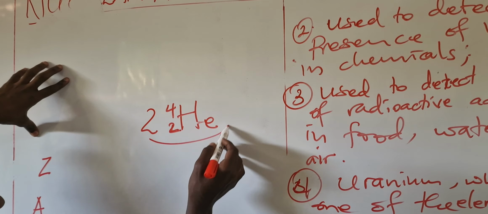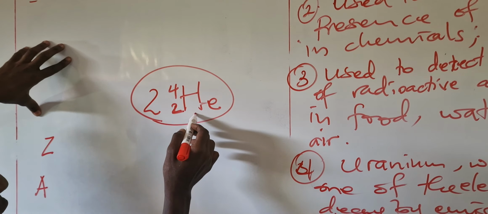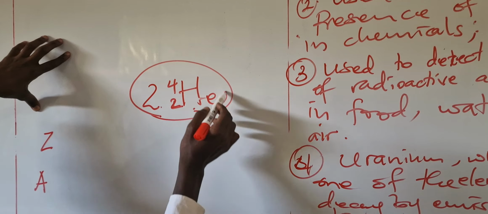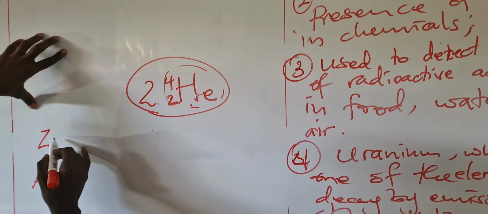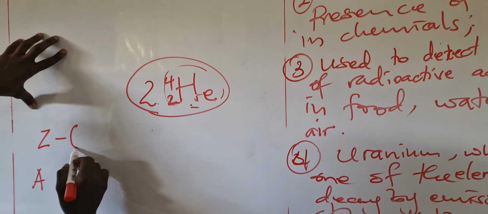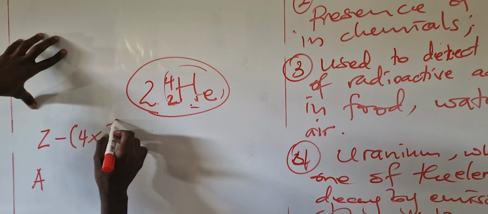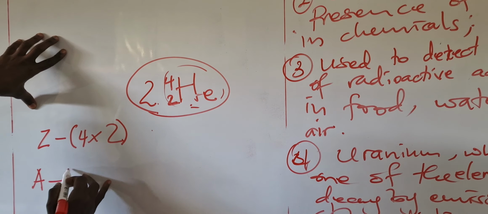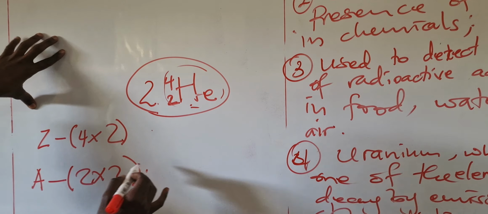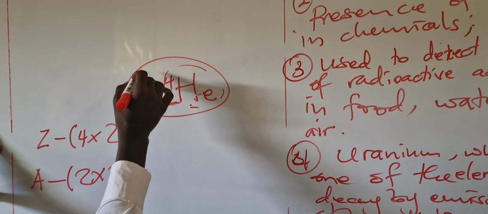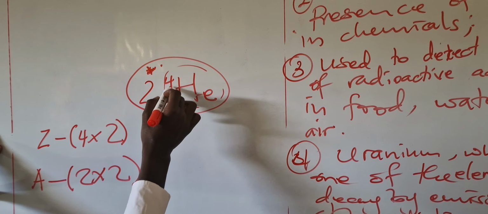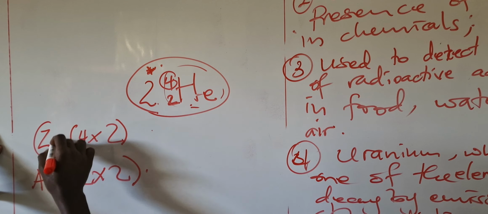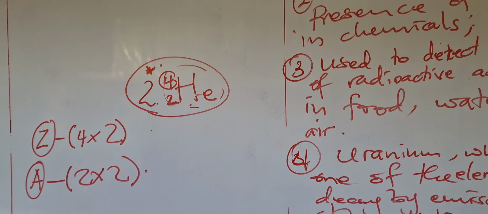If an element emits 2 alpha particles, it means it has emitted 2 helium nuclei, where the mass number will reduce by 4 times 2, and the atomic number will reduce by 2 times 2. We should not forget that. So any number in front here always determines the extent to which Z and A reduce. So with that, I request we meet again in the next video to look at beta particles.